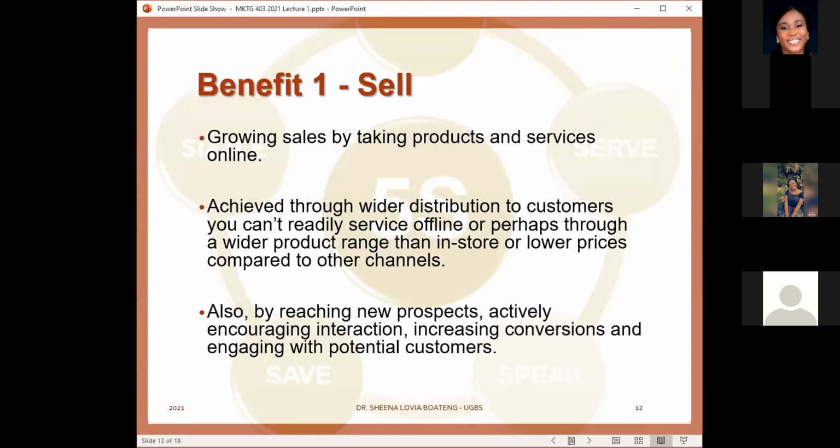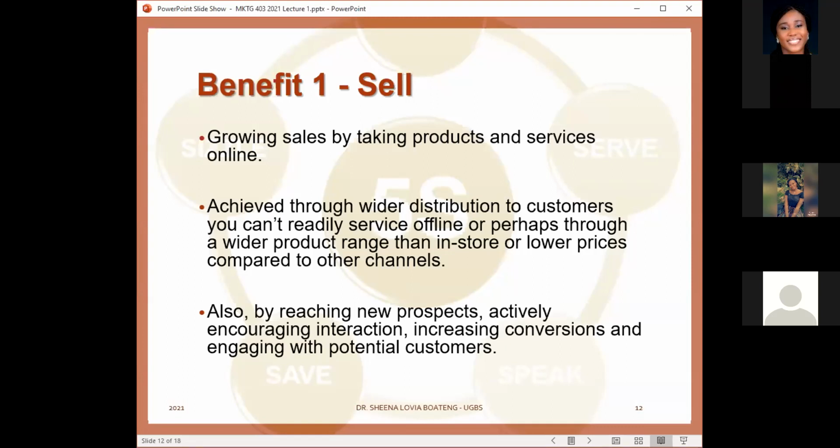So by doing this, e-marketers can achieve a wider distribution network, which can reach a wider number of customers over a wider number of locations across the globe, which hitherto they would not have been able to do if they were primarily using brick and mortar means. Brick and mortar also refers to the offline context.